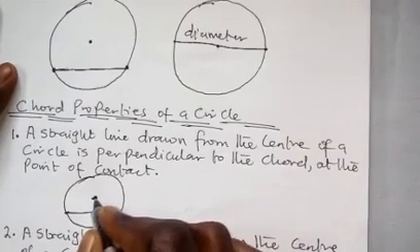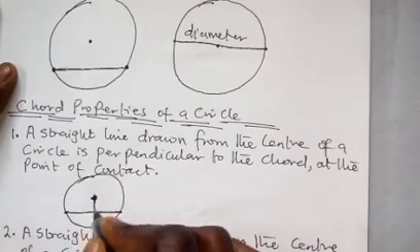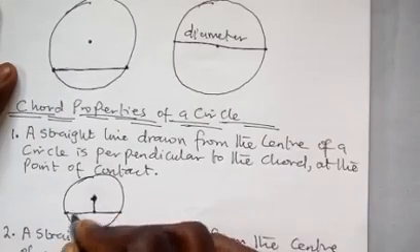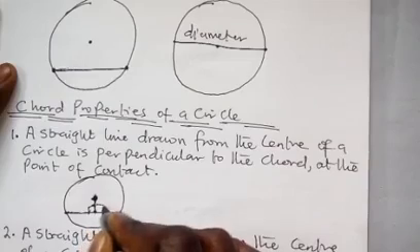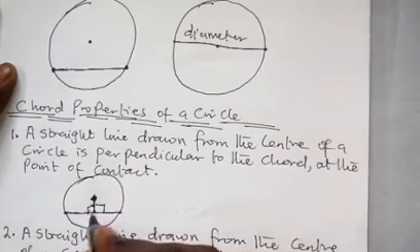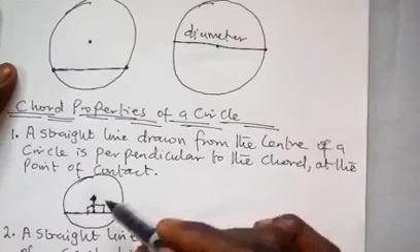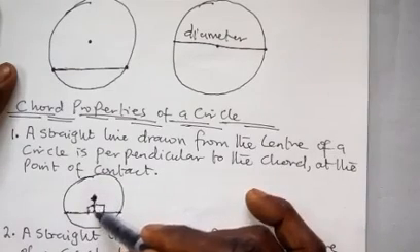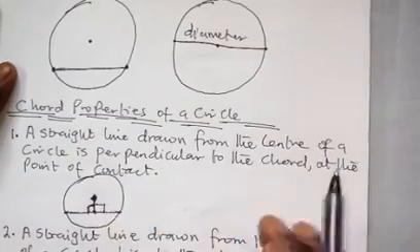So if I draw a straight line from the center to touch the chord, this straight line is perpendicular to the chord. So since it is perpendicular, it means that it makes an angle of 90 degrees with the chord. And that is what this particular property is saying, that whenever you draw a straight line from the center to touch a chord, that straight line is perpendicular, that is, it makes 90 degrees with the chord.